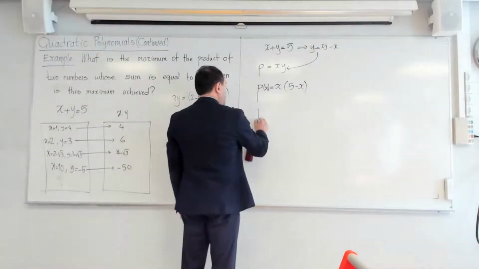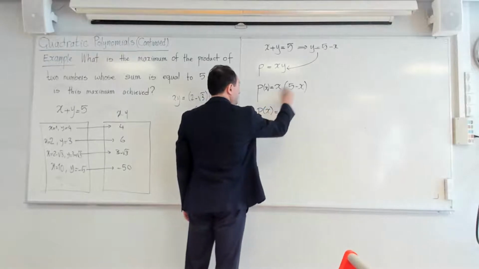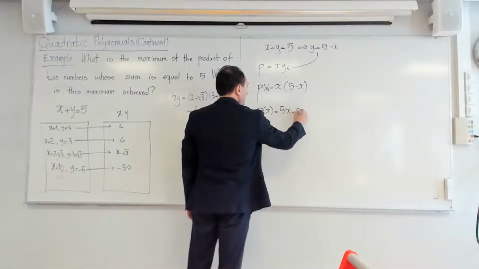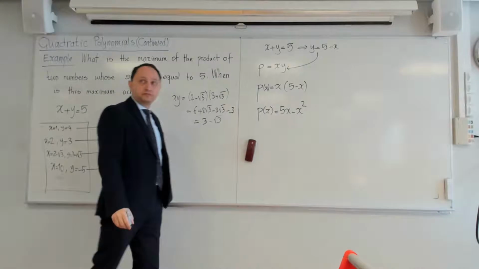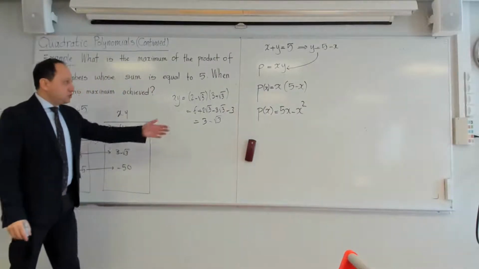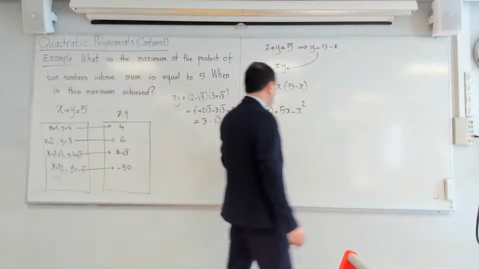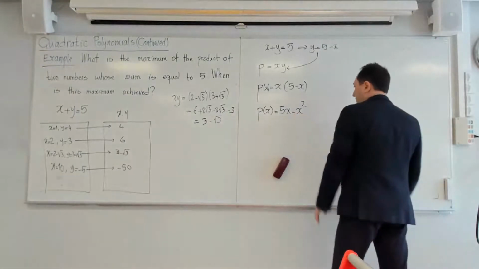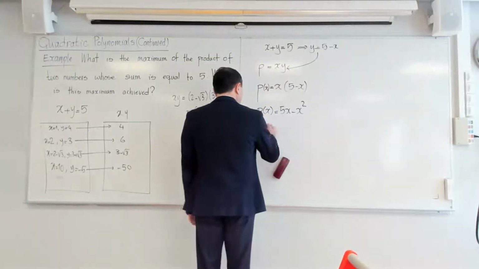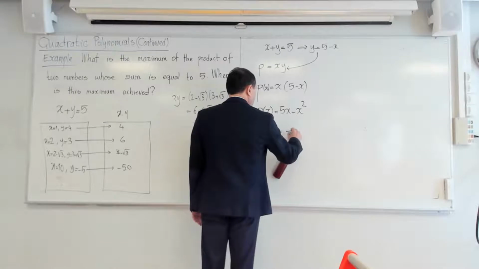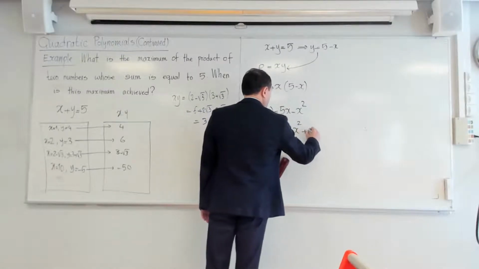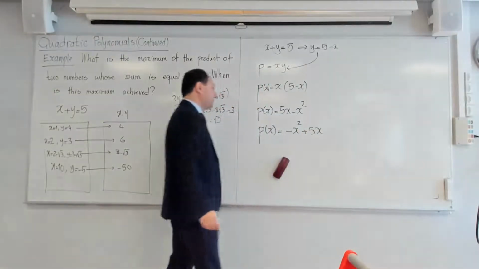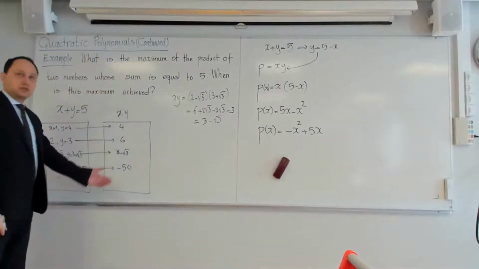If I multiply it, it becomes 5x minus x squared. And usually in standard polynomials, we write the quadratic term first. It is not necessary, but I want to write it in a way that you can immediately compare it with the standard quadratic polynomial.